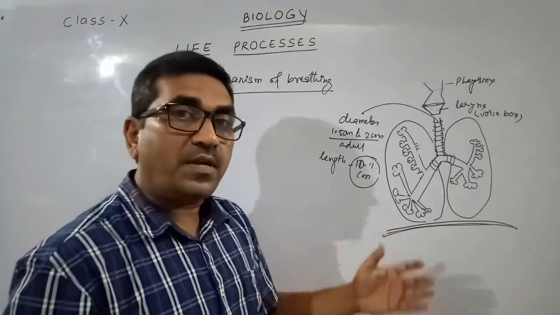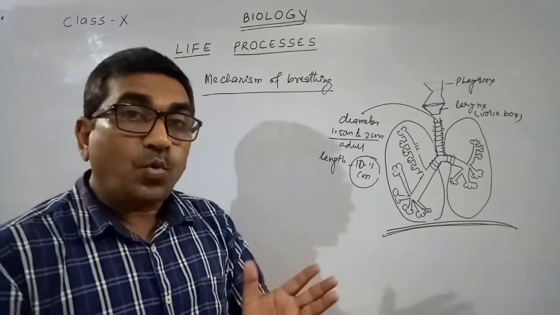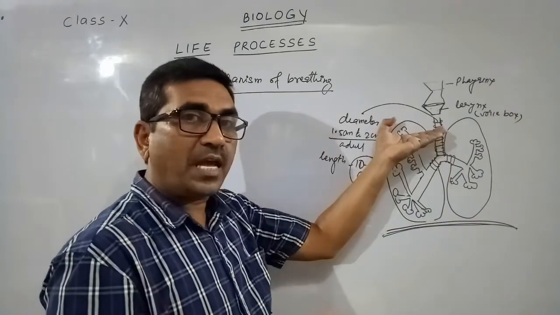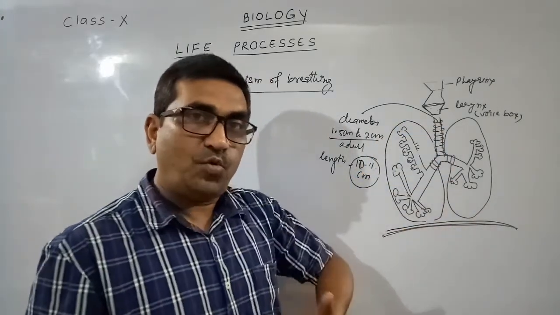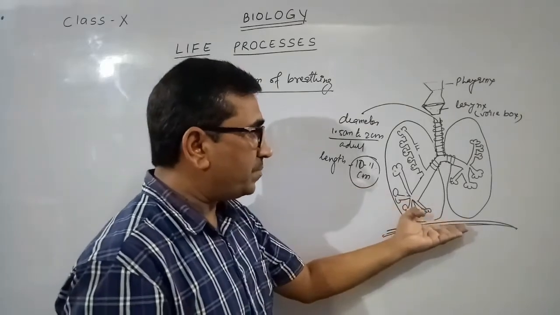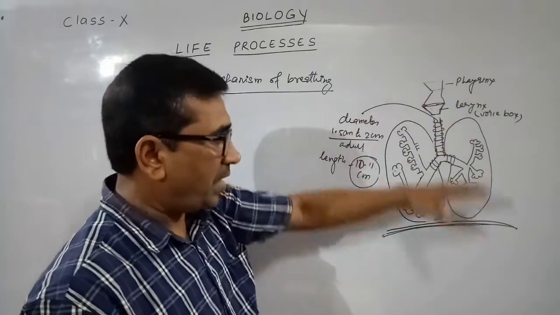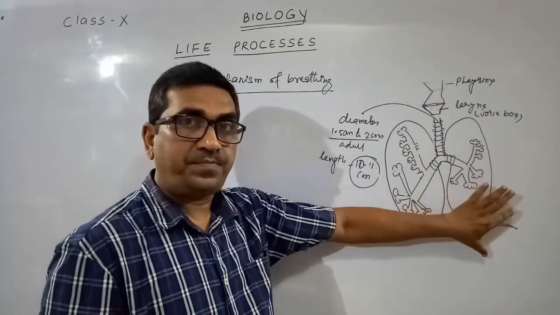This diaphragm is actually a thin sheet which simply divides the chest cavity and the abdominal cavity. It protects the internal organs in between. It divides the chest cavity, and here in the rib cage it is protected.